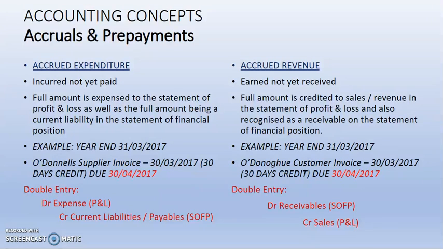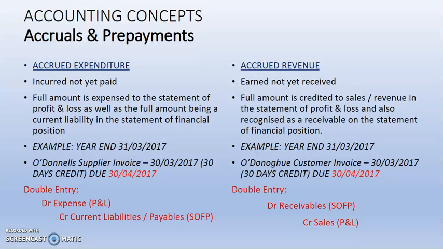So to give an example, my year end is the 31st of March 2017, and O'Donnell's, my supplier, sent me an invoice on the 30th of the 3rd 2017. They have given me 30 days credit, which I am looking to utilise, so I will not pay them until after the tax year end on the 30th of April 2017.